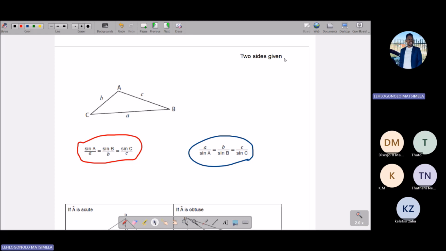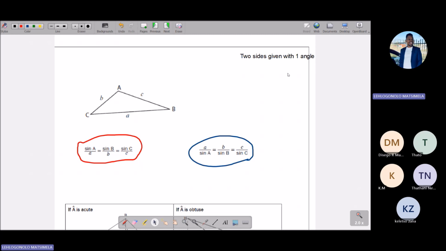When we don't have side C, we can find it, but the examiner will not leave you without information. Those two sides are given with one angle.